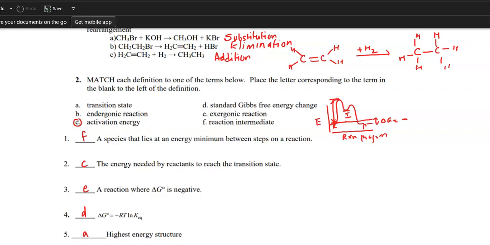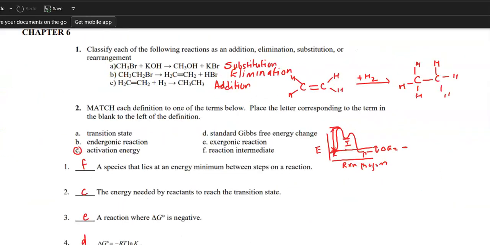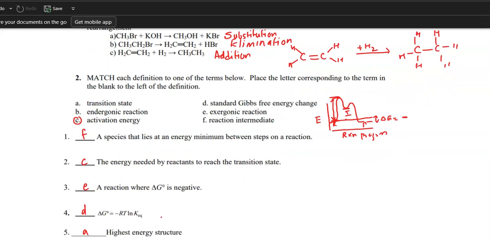The next one is the formula for calculating delta G, which is given as negative RT natural log K. T is the temperature, R is a constant, and K is the equilibrium constant.